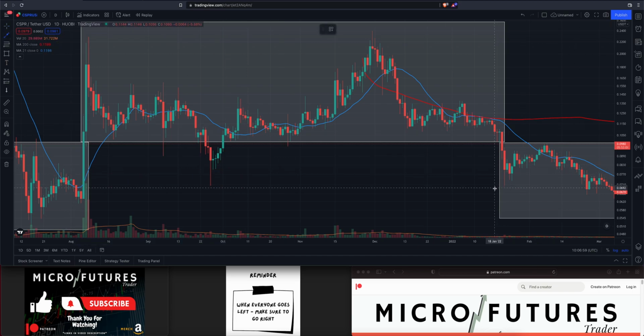And you can see that we've now turned what was support into resistance. Right in here on the 7th of February, the 8th of February, it had a sharp move down, had a reaction, which is normal, and struggled. Now we are finding resistance overhead for CASPER.